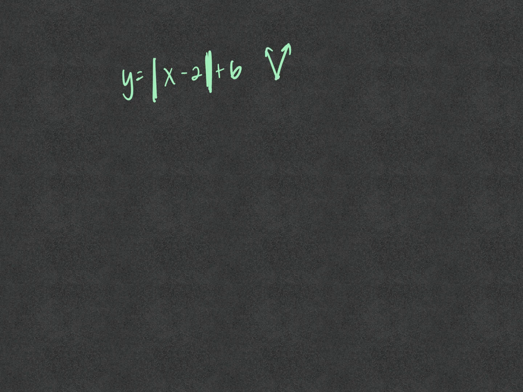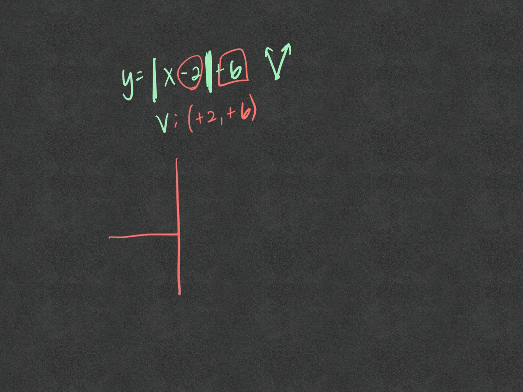See, we have a change of direction, so that is the vertex. And our vertex in this case is, we're going to change the sign of h to be positive 2 and keep the sign of k to be positive 6. The absolute value tells us it is a v. So here we have positive 2, positive 6, and we have a v for absolute value.